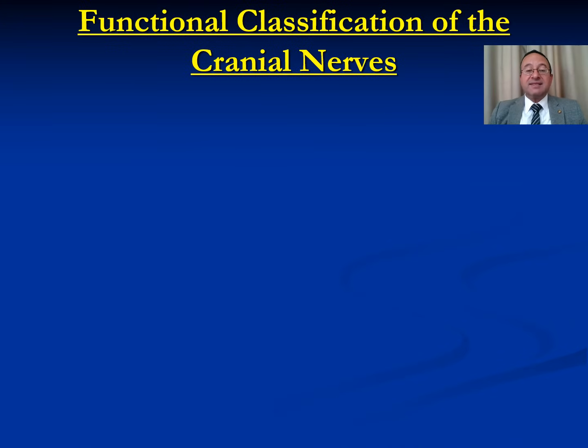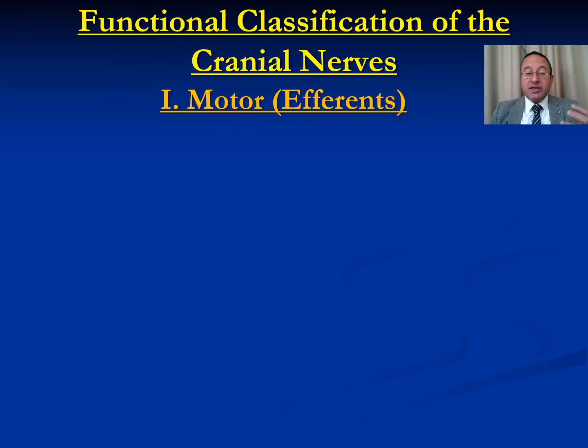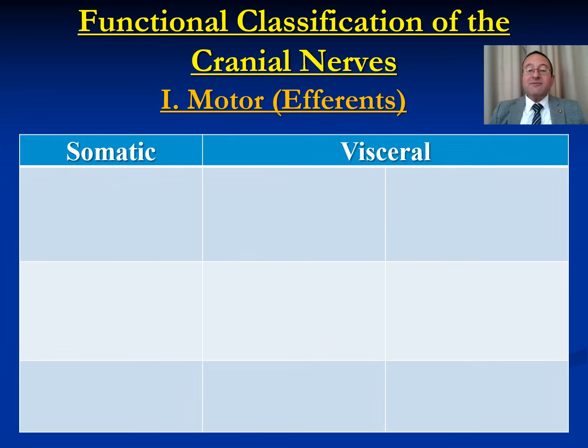Now we will revise the functional classification of the cranial nerves to correlate them with those present in the medulla oblongata. Generally, we classify the cranial nerves functionally into either sensory or motor. I'll start with the motor element, which are the efferents. They are further subdivided into somatic and visceral.